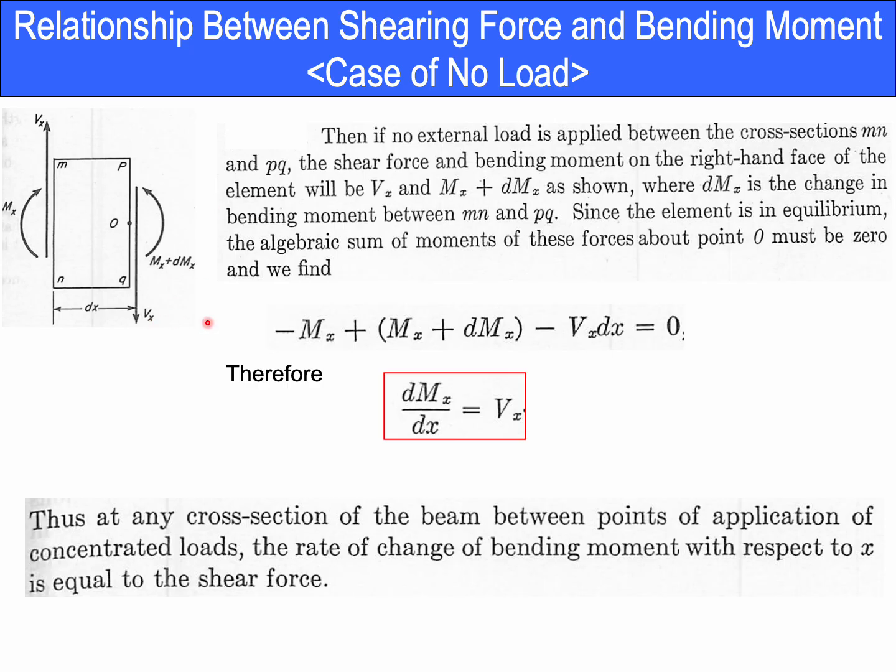It is assumed to be very small. Therefore, it is natural to assume that the bending moment on this cross-section may change a little by dM. The moment on this cross-section would be Mx plus the variation dMx. Notice that there is no external load in this part dx.